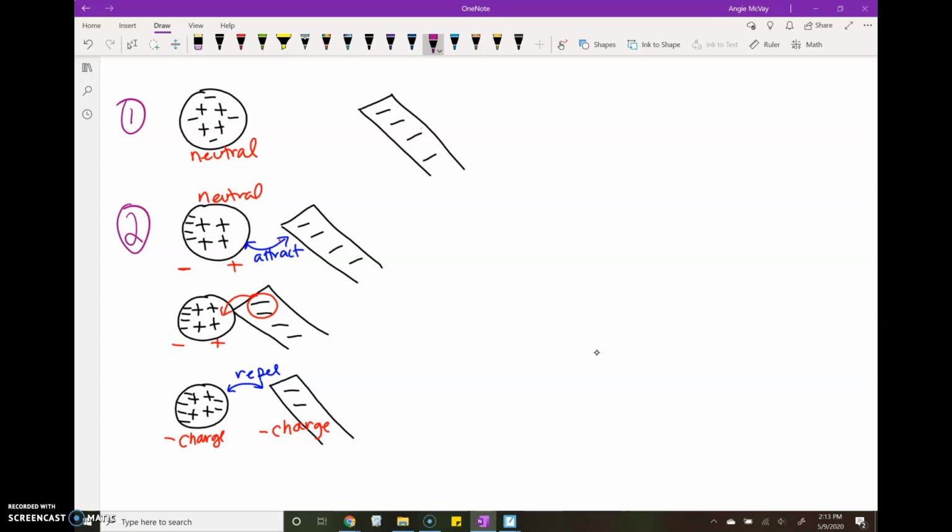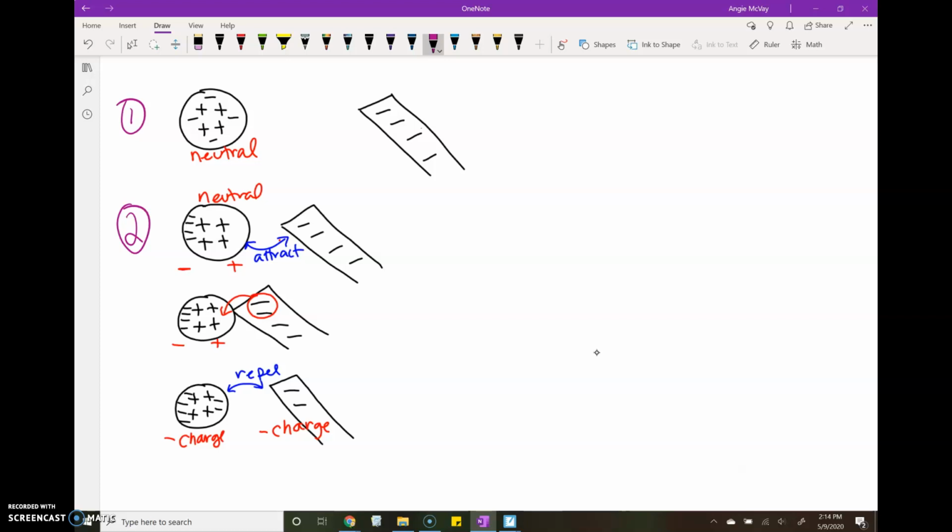All of the negative charges within this wand here will perceive a positive region in the pith ball, and some of them will hop over to the pith ball to try and neutralize out this region that is positive. Yes, I know there are negatives over here, but this region is positive right now.